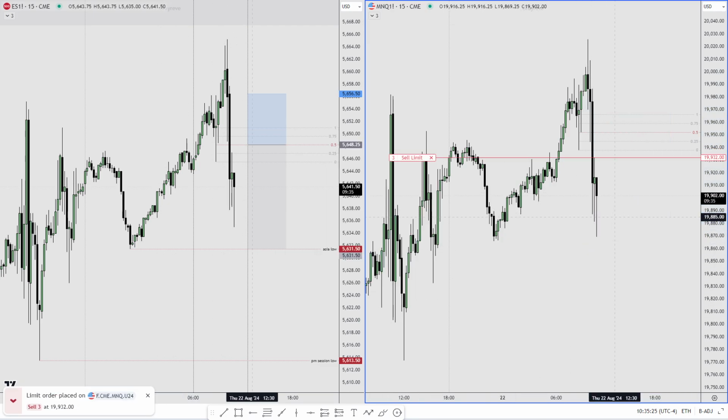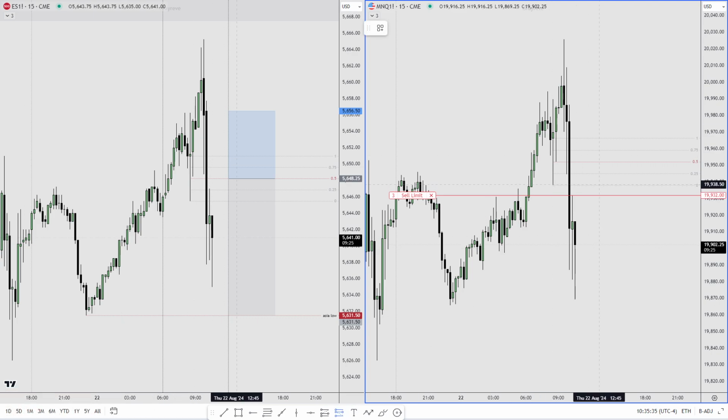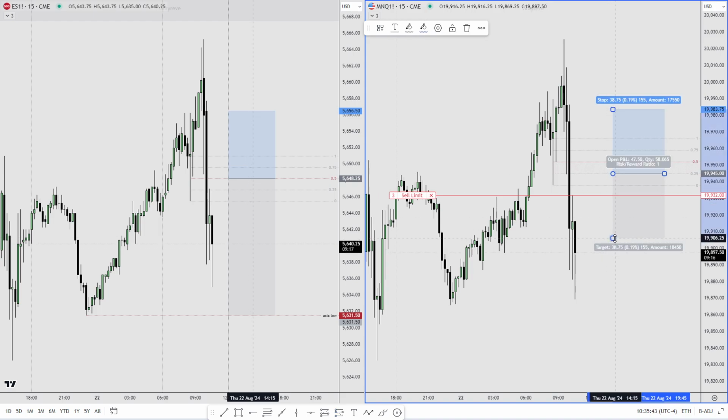Sell 3 here, and then over here, complete fill of the gap. I'll sell another 2.